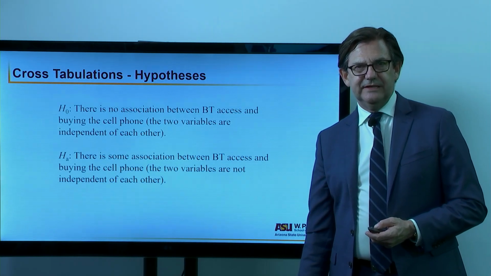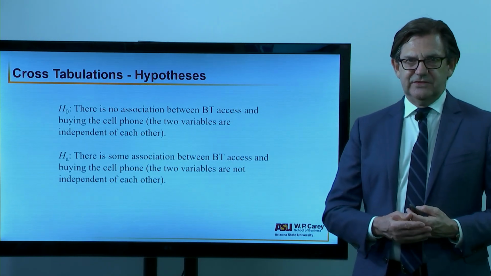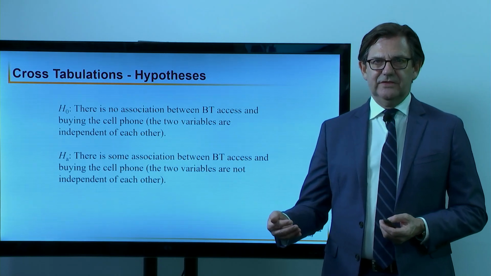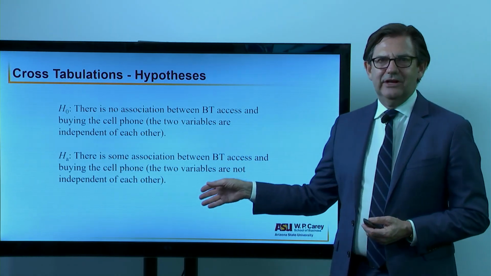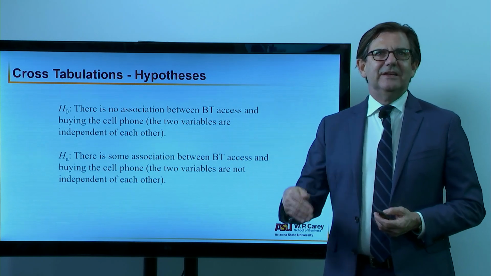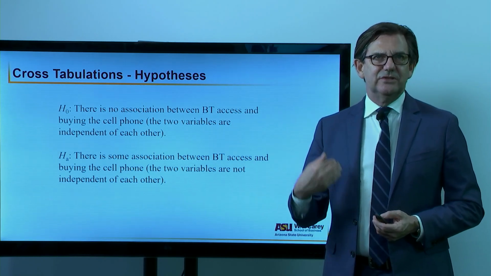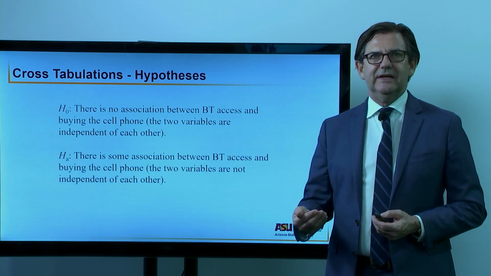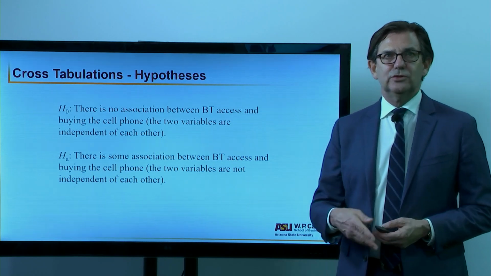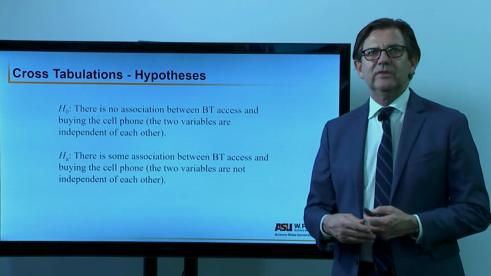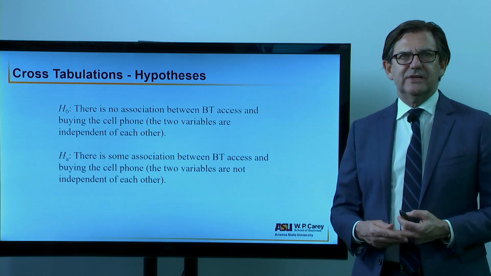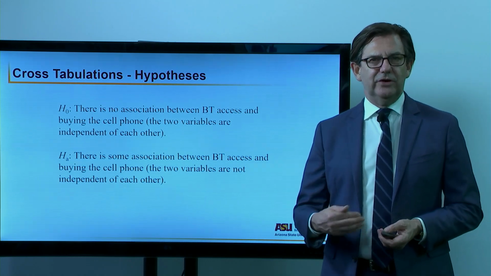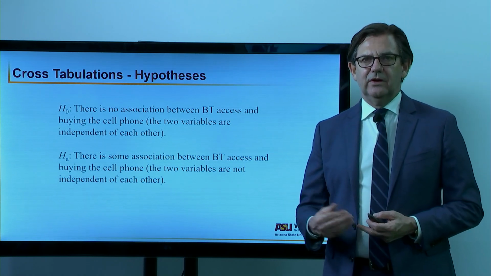There's a null hypothesis and an alternate hypothesis. Our null hypothesis says there is no association between Bluetooth access and buying the cell phone; the two variables are independent of each other. The alternate says there is some association between Bluetooth access and buying the cell phone; the two variables are not independent of each other.